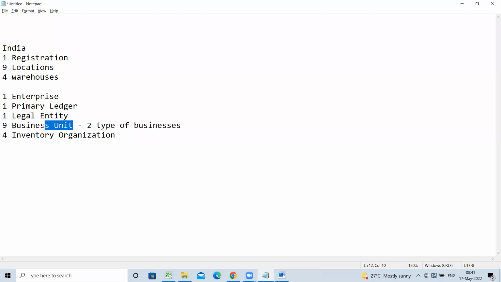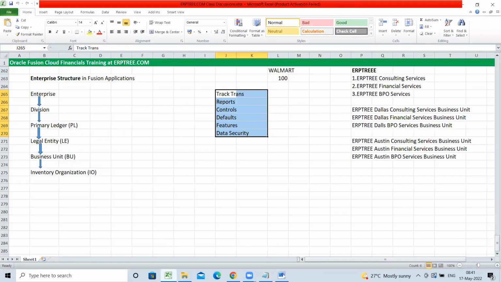If you create 9 business units, only the 9 BUs will be able to set all this. At the division level, what you are selecting, you cannot set those controls. Controls don't work.